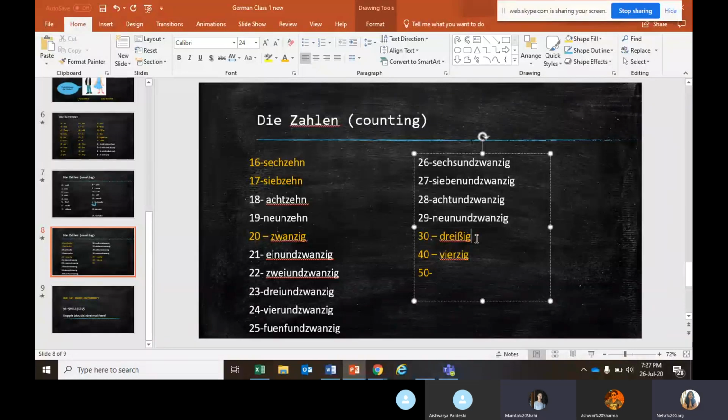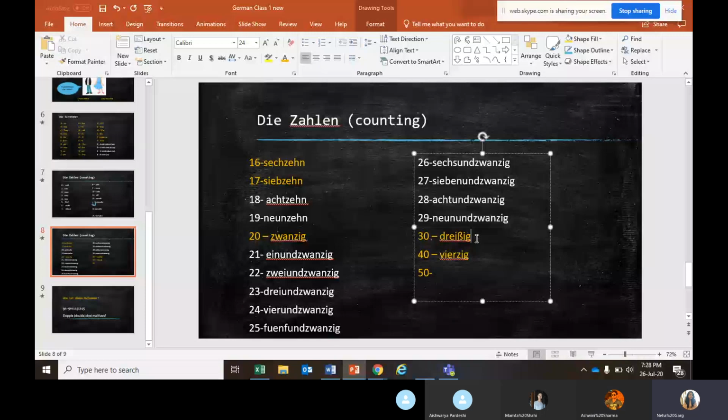So now 30. Since we know how we pronounce 30 in German, 31, 32, 33 would fall in a similar manner as we have learned from 21 till 29. Like 31 would be einunddreißig, 32 would be zweiunddreißig, 33 would be dreiunddreißig, and so on.